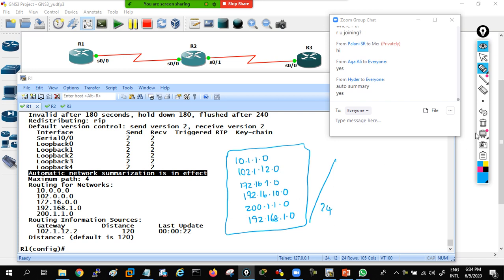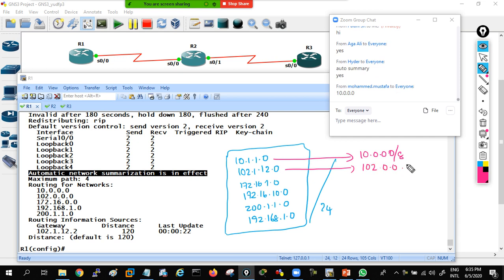Now whenever you say summary, how will the 10 network go to router 2 from router 1? It will go as the 10 network, and how will this one go? And 172.16, 172.16.1 and 172.16.10, how will they go?